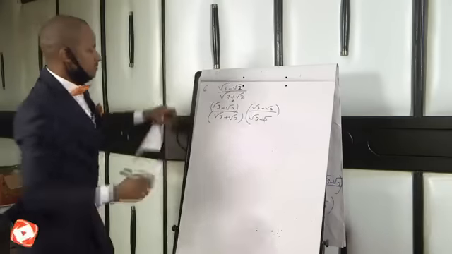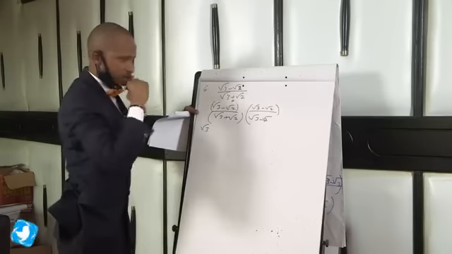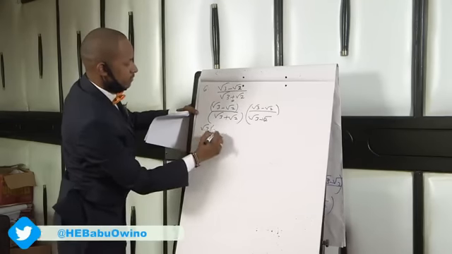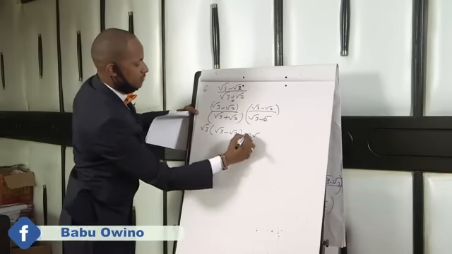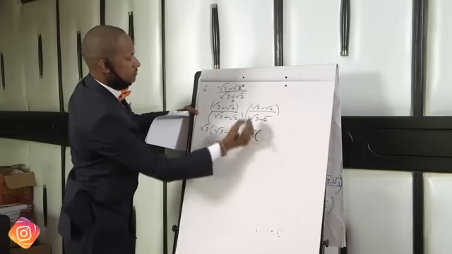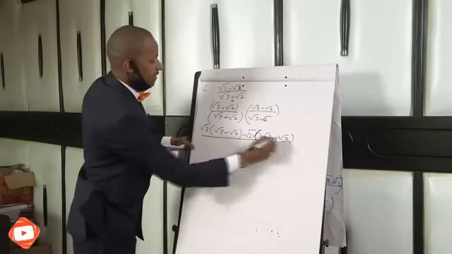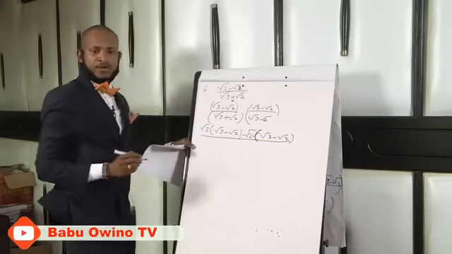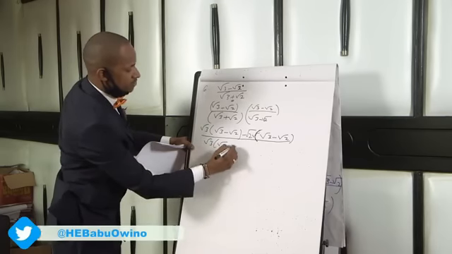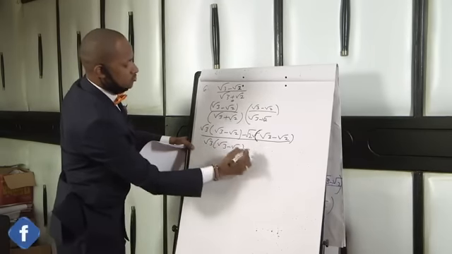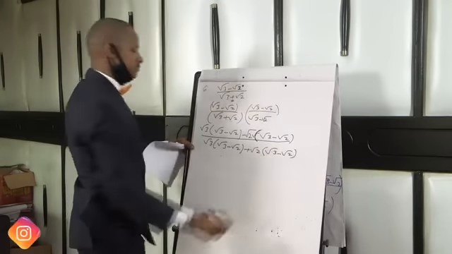Then you expand this. We have root 3 times what's on the other side of the bracket, root 3 minus root 2, then again minus root 2 times root 3 minus root 2. Then you divide by the denominator, which you also expand: root 3 times root 3 minus root 2, plus root 2 times root 3 minus root 2.